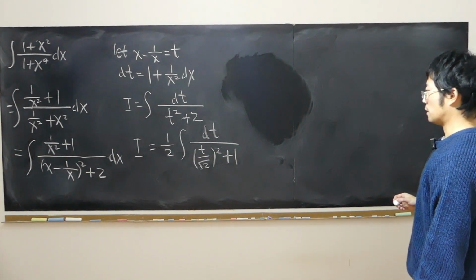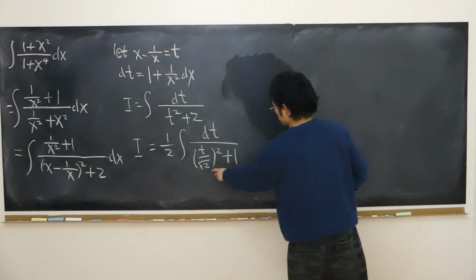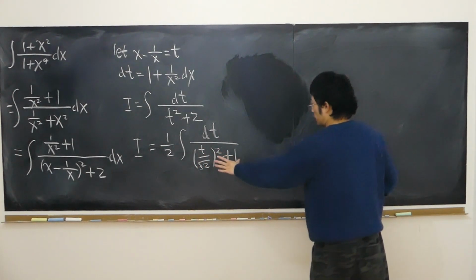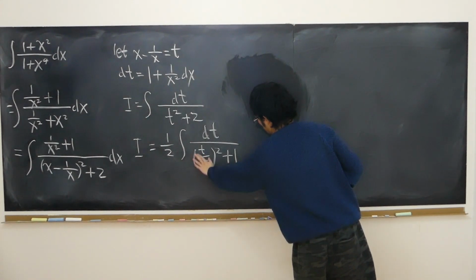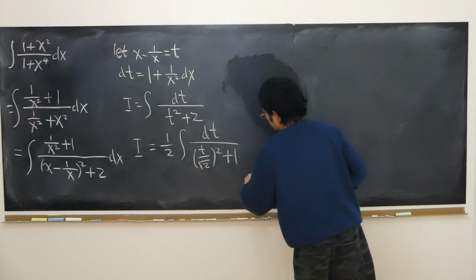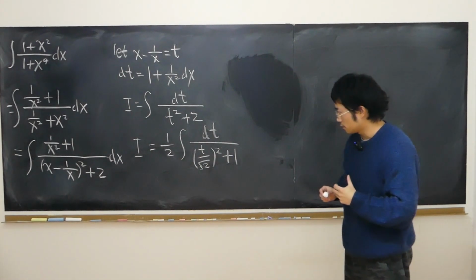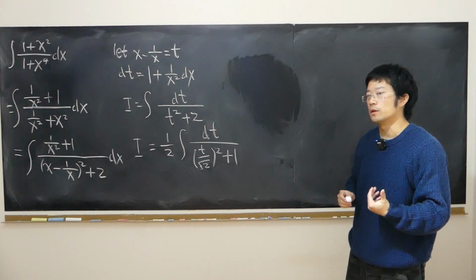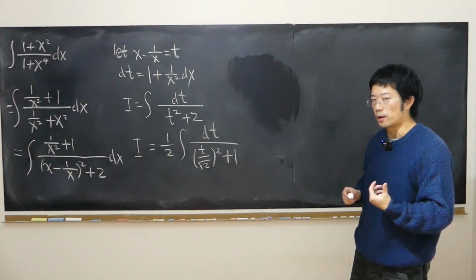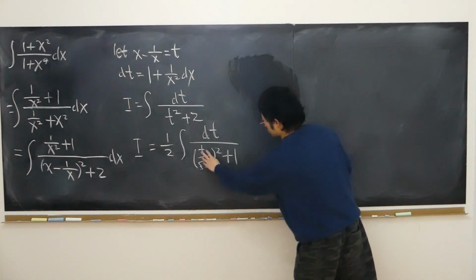Then this looks like the antiderivative of arctangent of something, because if you differentiate arctangent u, it becomes 1 over u squared plus 1. So this whole entity is just like my u.